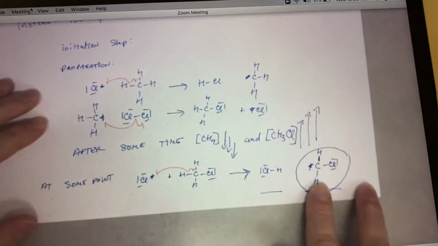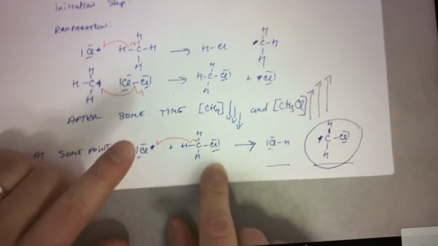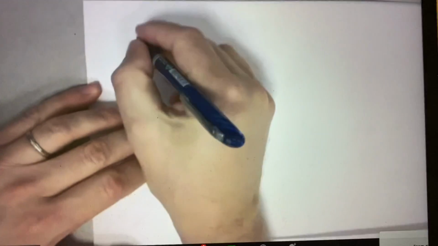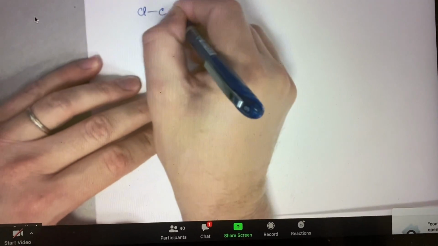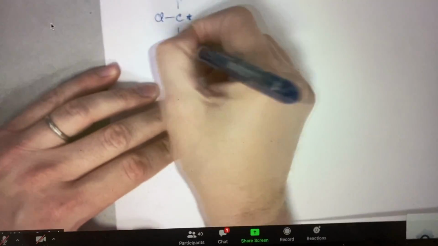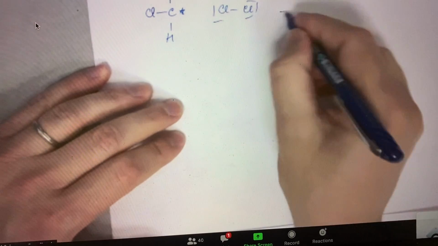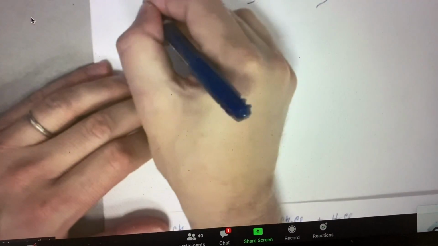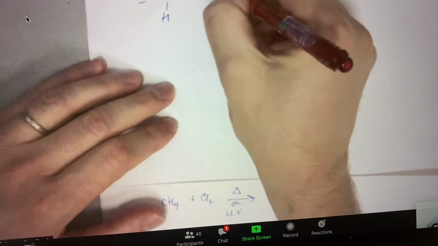Let's take this new propagation step. Notice we've entered a new propagation step. This is a new molecule. Reacts first with chlorine, makes a new radical. This new radical finds a molecule of Cl2, of which there was a great abundance in this reaction, double what we normally use.